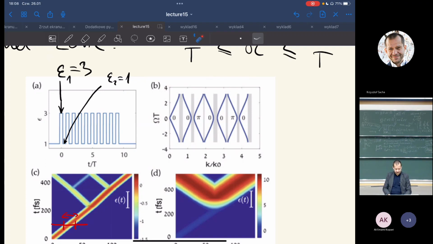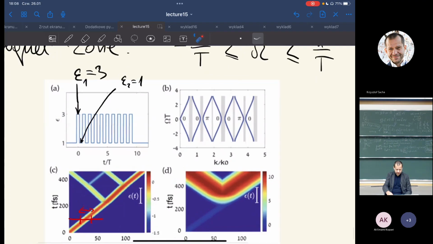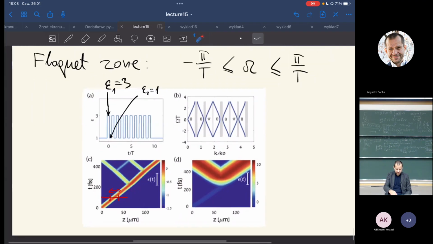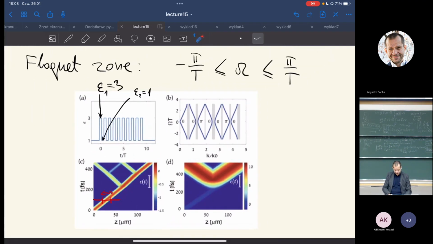But now, at the end, I would like to comment that we have this time crystal. This is just an example of a time crystal, a photonic time crystal. But now let's assume that we have not one time crystal, but two different time crystals glued together.